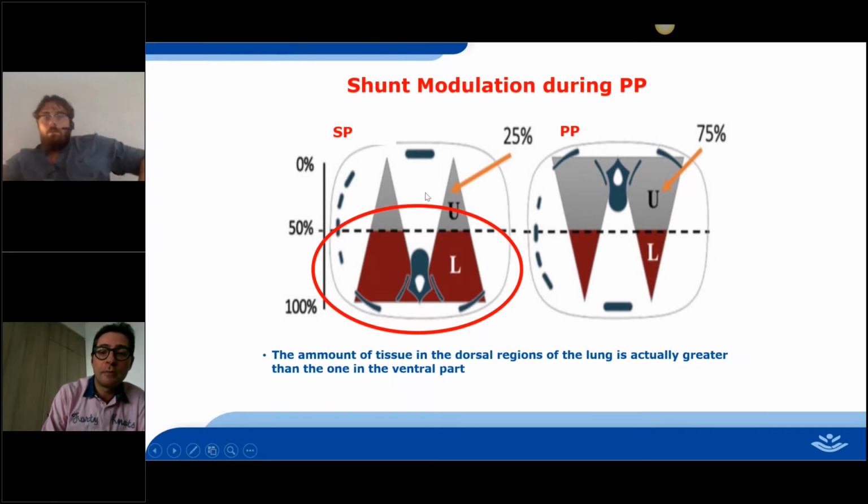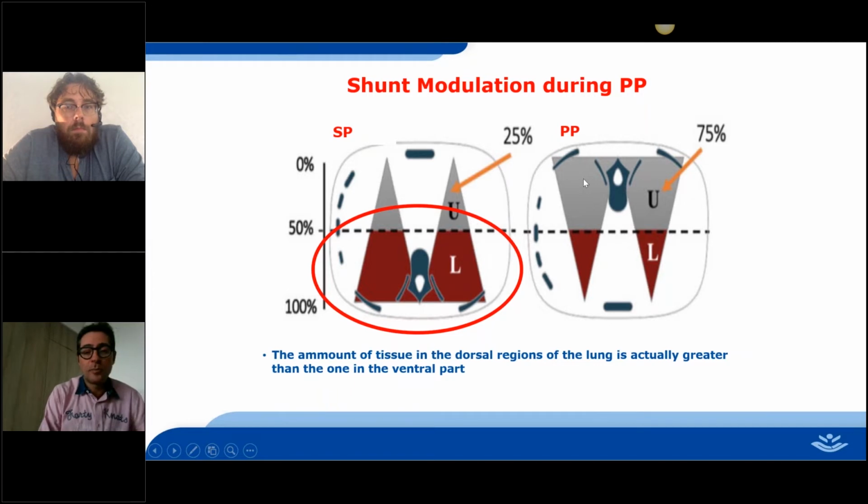If we move to prone position, the dependent region becomes non-dependent, where there is more tissue mass concentrated, and for obvious reasons, the prone position allows us to reopen this part a little bit, so obviously our gas exchange will improve.